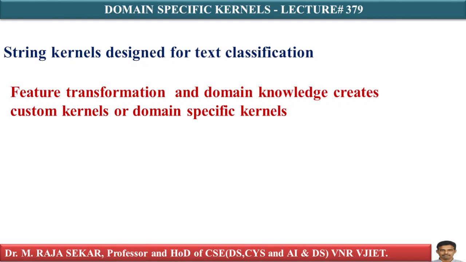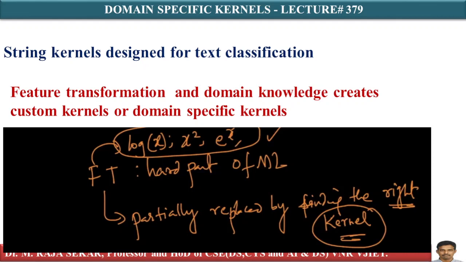It is not fully replaced by finding the right kernel. In feature transformation, earlier we had to see whether log x works, whether x square works, whether e power x works. All these are function transformations that we try to see which of them works better. In the case of SVM, we are trying to find the right kernel, but in feature transformation, we are trying to find the right transformation like x, log x, x square, e power x.